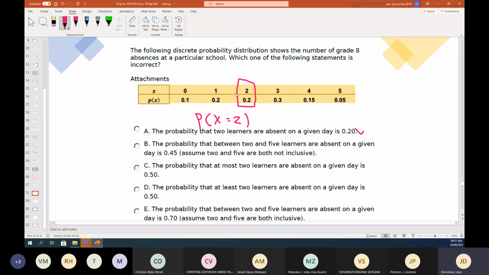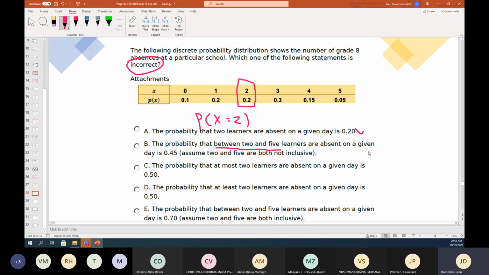Okay, so that is correct. We're looking for the incorrect one. The probability that between 2 and 5 learners are absent on a given day, assume 2 and 5 are both not inclusive.